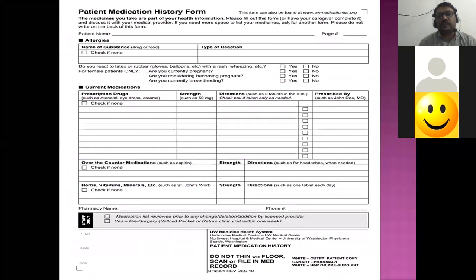You have to take the screenshot and memorize which points you have to cover in the medication history form.